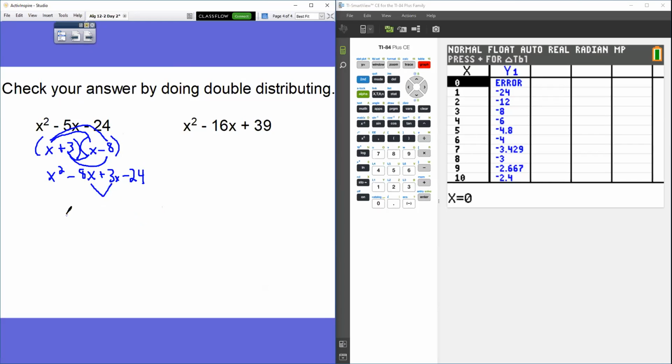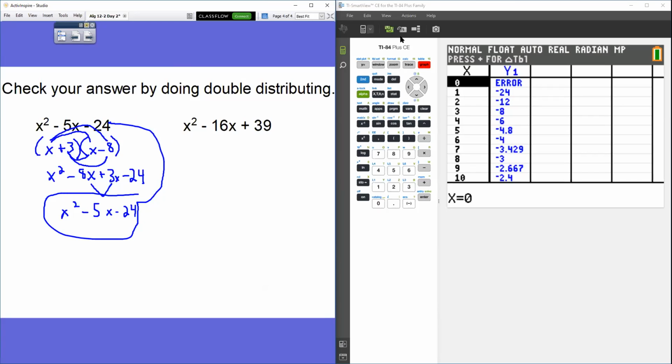Add together your like terms, your outers and your inners. Negative 8x plus 3x is negative 5x. And notice that we got our original question from the beginning. If your answer doesn't match your original question, then you did it wrong. If it does match, then you did it correctly.